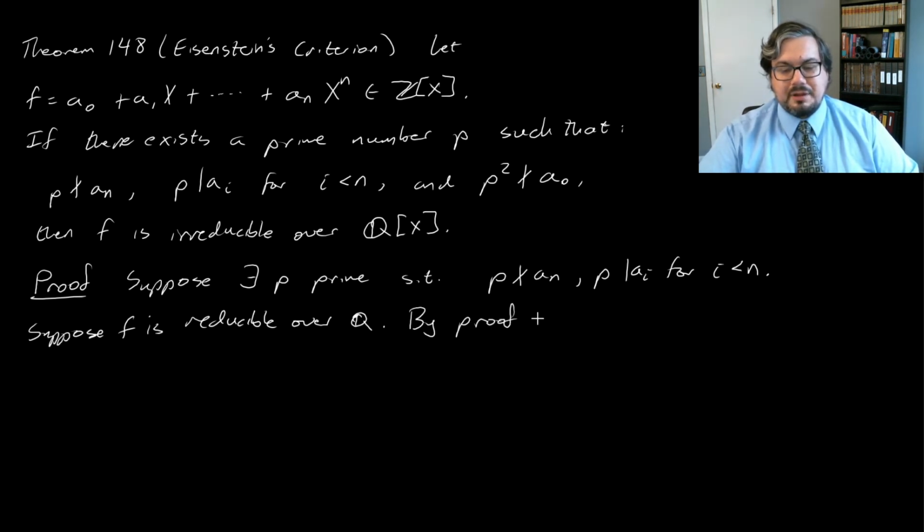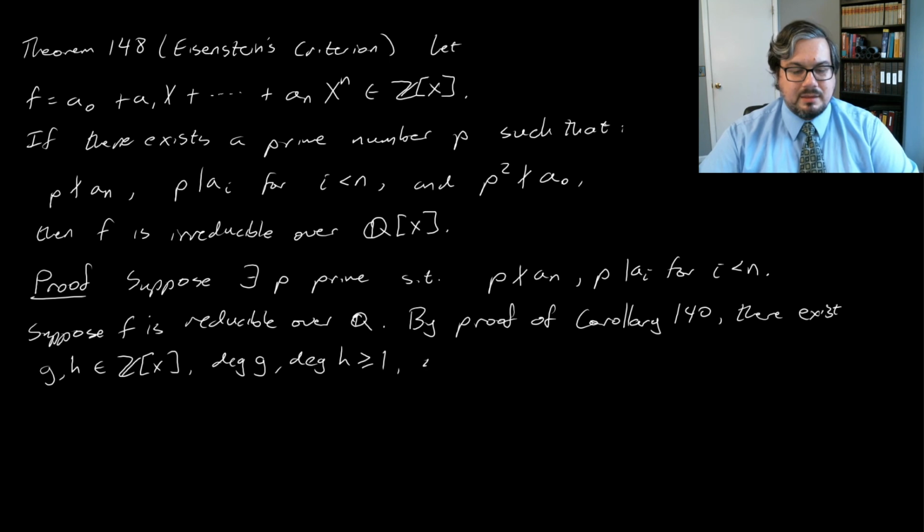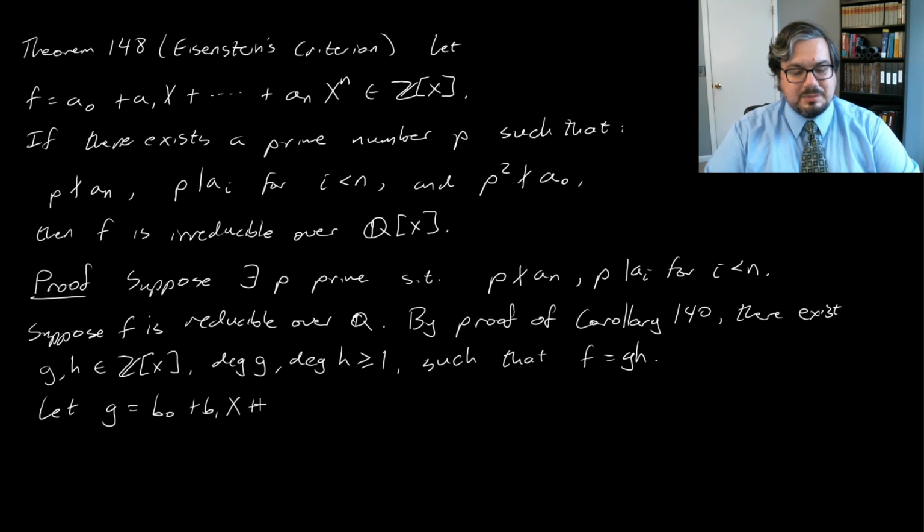So by the proof of Corollary 140, again, there exist g and h in Z adjoin X with the degree of g and the degree of h greater than or equal to 1, such that f is equal to gh, since f is reducible over Q. Now, we're going to want to refer to the coefficients here, so let g be b0 plus b1x plus and so on plus br x to the r, and h is c0 plus c1x plus and so on plus cs x to the s.